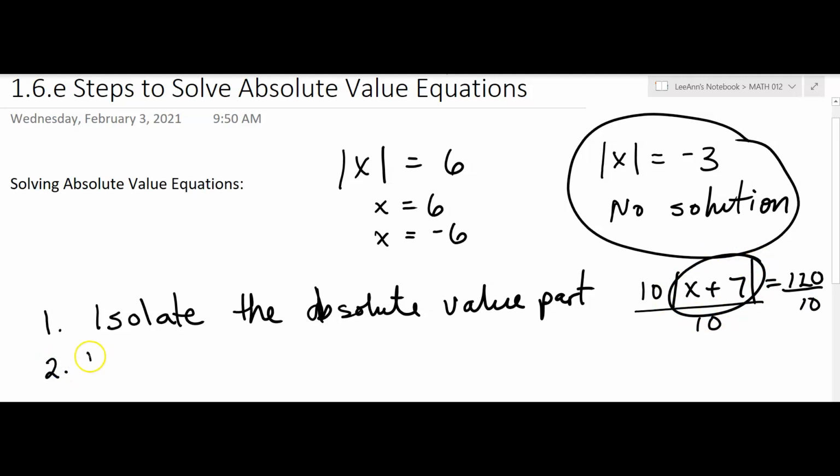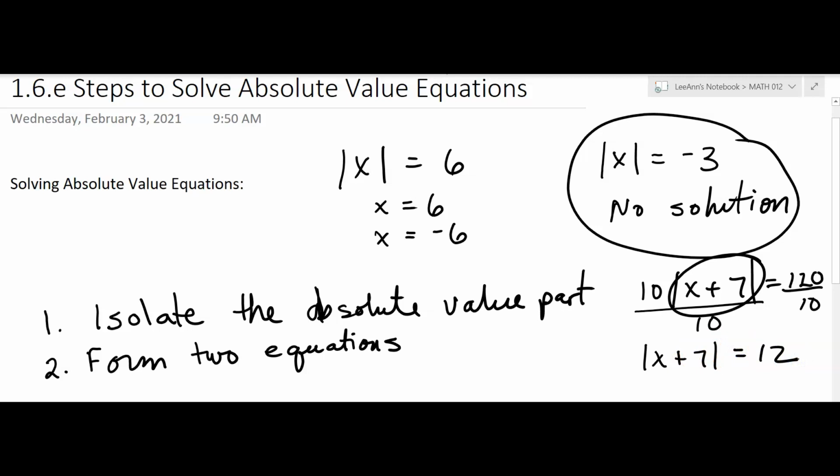Second, you're going to form two equations. So I'll continue with my example here. You would have the absolute value of x plus 7 equals 12.